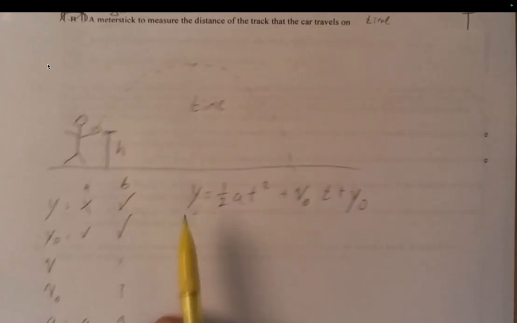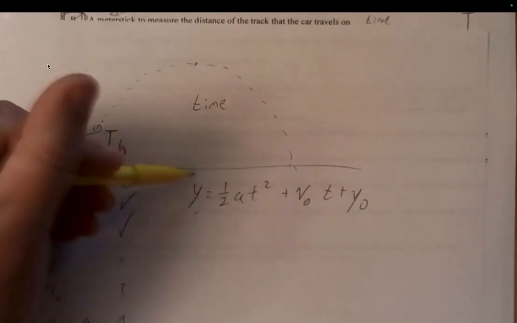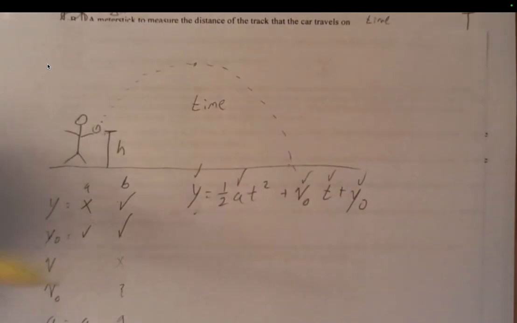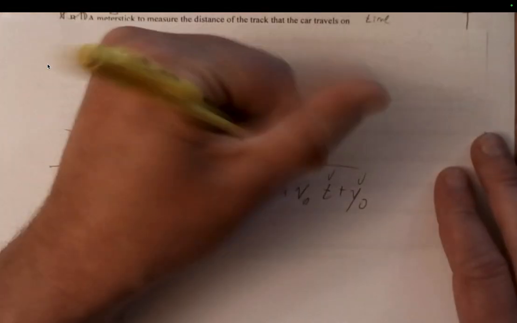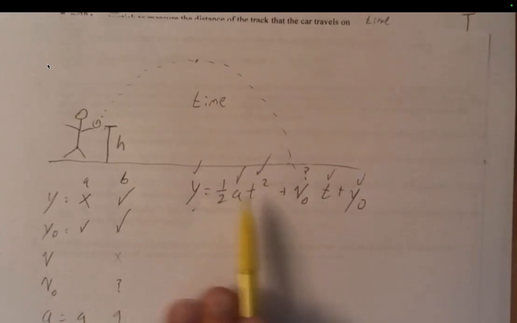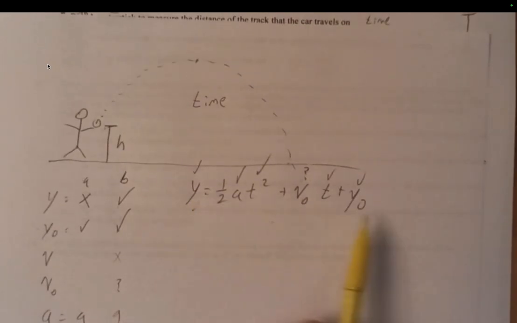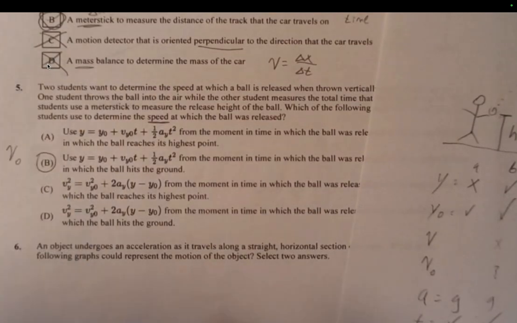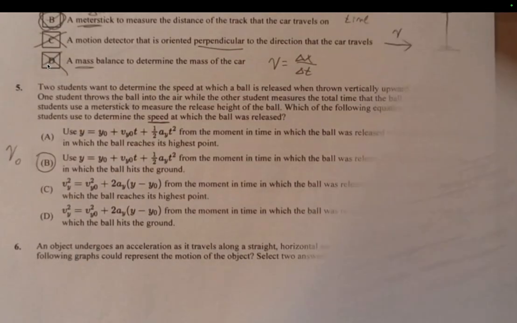If we know the y, the a, the v naught, the t, and the y naught, 1, 2, 3, 4, then we can get the one unknown. If we know the t, we know the acceleration, know the starting and the final position, then we could get this unknown. So then it would be us using this as solution B.